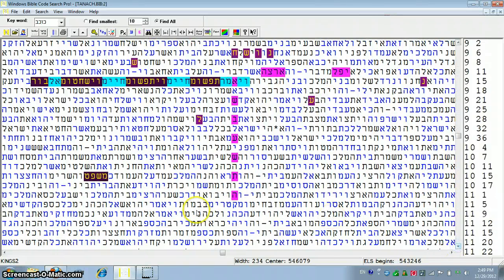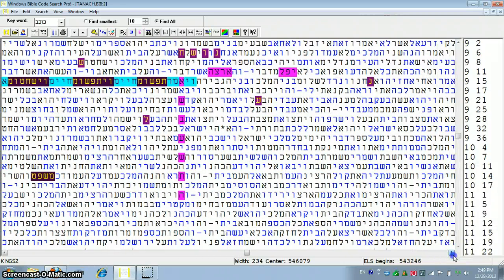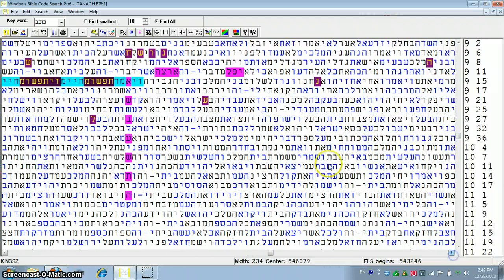Down here in plain text, I see the word judgment, and across the axis term is Wormwood. So there's the connection to Wormwood in an ELS.